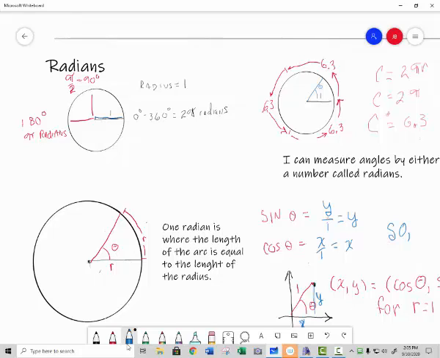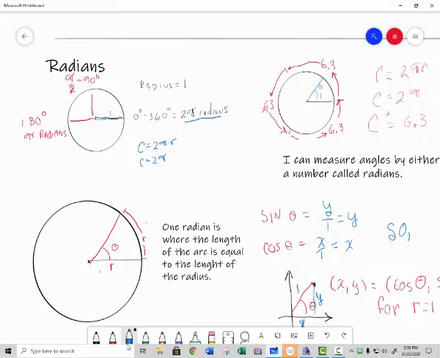At this point, all the way around, I know that the circumference of the circle is 2 times pi times r. But I know that r is 1, so the circumference of the circle is simply 2 pi. And that's given in radians. 2 pi radians.